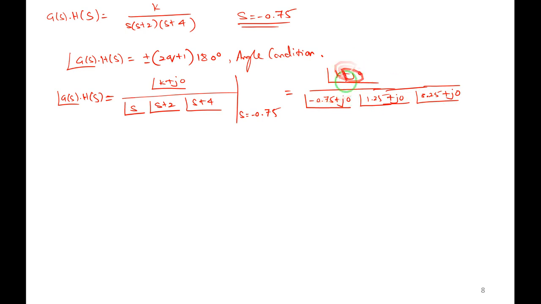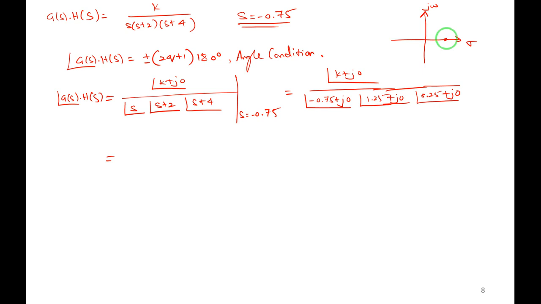Okay, now what is the angle of this? We will calculate one by one. Observe here, one thing I want to make clear. Please concentrate here. This is sigma j omega. If the point lies here, it is plus something. So k plus j0, k can take any value 1, 2, 3. So 1 plus j0 means imaginary part is not there, and the point will be lying on the positive real axis.